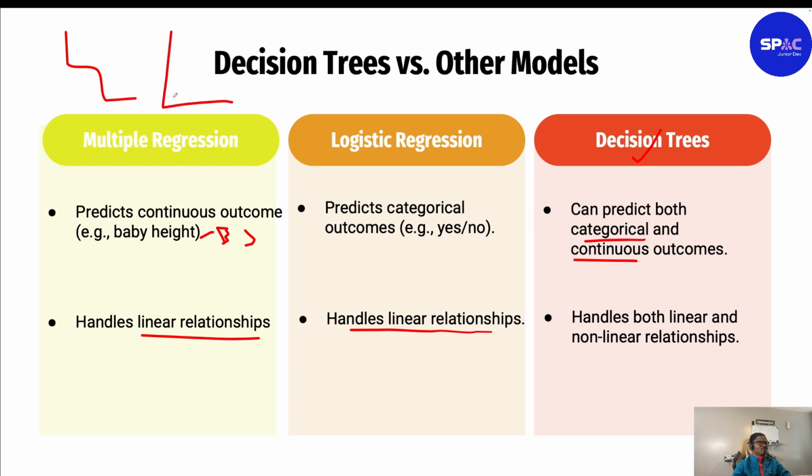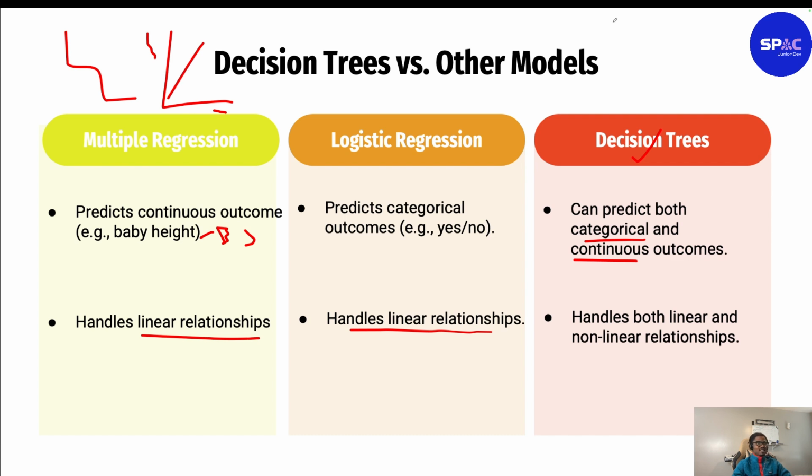So if you have a graph like this, and maybe you have a line like this, maybe this is the height of the baby and this is the age of the baby, right? So the height of the baby is linear, meaning that as the age is increasing, the height is increasing to some extent, right?